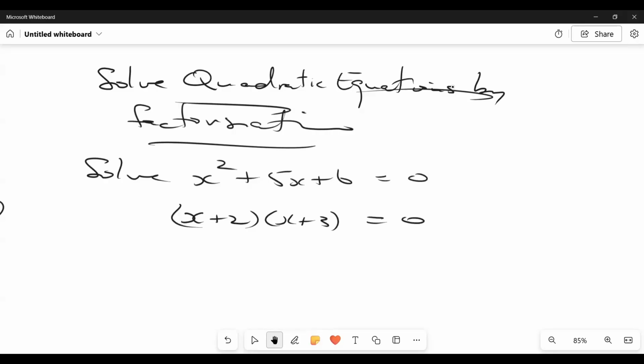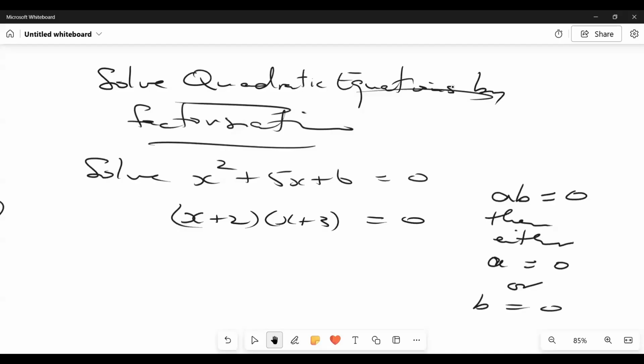Now, there is a principle in mathematics that says if two numbers a times b equal 0, then either a equals 0 or b equals 0. Think about it. If two numbers multiply to give you 0, one or the other is 0.